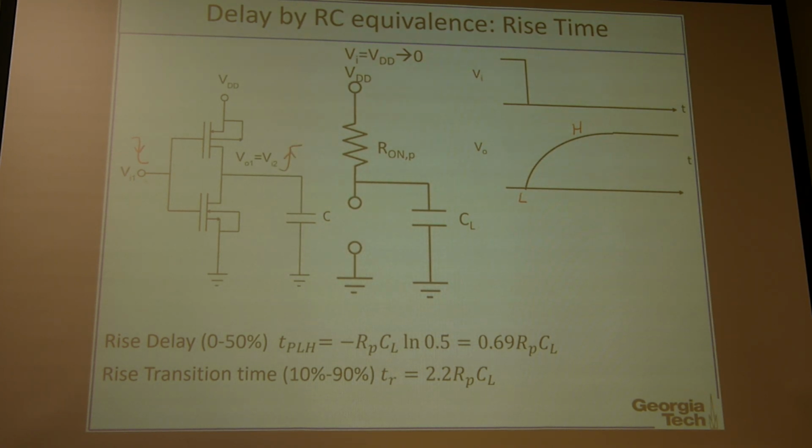So input is low, so the PMOS is on, because this is VGS of the PMOS. PMOS is on. NMOS is off, because this is 0. So you can think of the NMOS as an open circuit here.